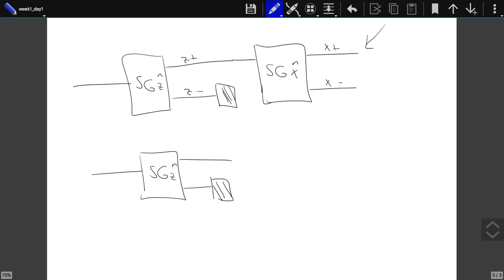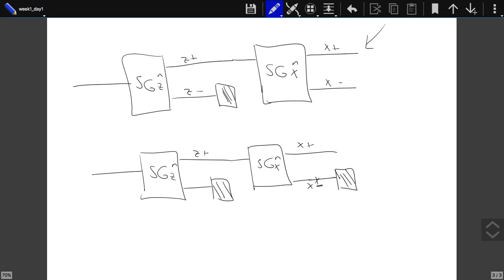With the Z Stern-Gerlach, I have these two different types of silver atoms. I take the Z plus type and send it through another Stern-Gerlach experiment in the X direction, giving X plus and X minus.